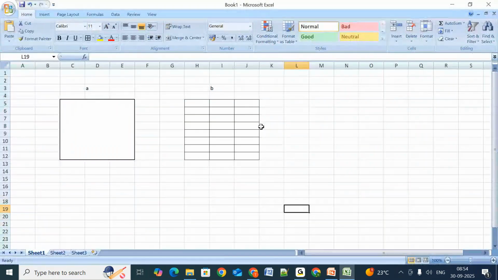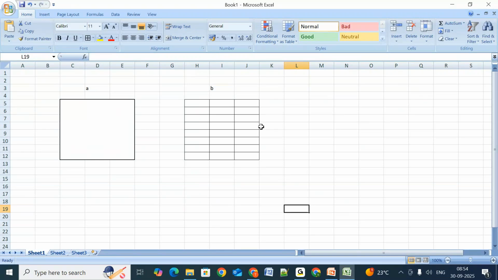Because it has rows. Perfect. If you don't have rows and columns, it is not a table, it is just a box. This is a very important concept. You are going to write code for this in the future, so that is why I am asking you to remember.